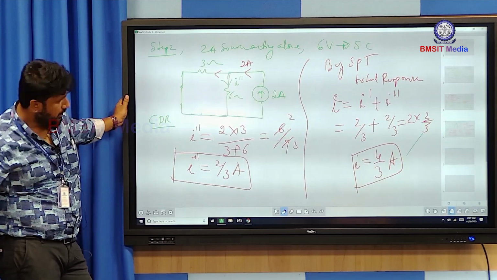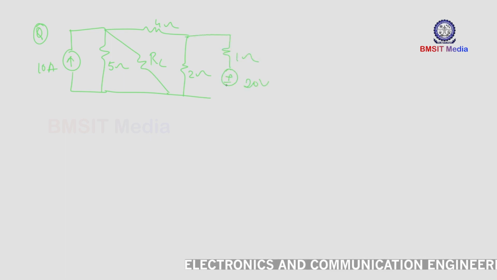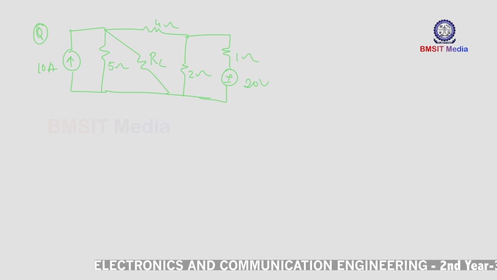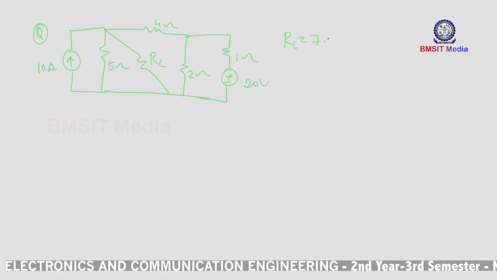Now let us move on to the next question. Given an electrical network, there is a 10 ampere current source, 5 ohm, 4 ohm here, a load resistance RL, a 2 ohm resistor, and a 1 ohm resistor, plus minus, 20 volt, and the value of RL is 7.5 ohm.